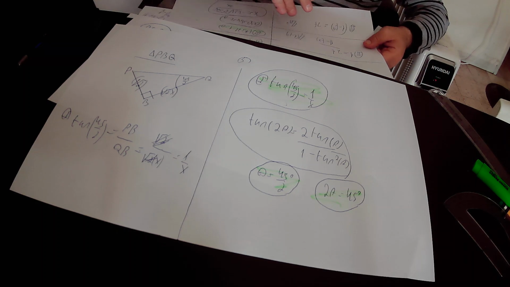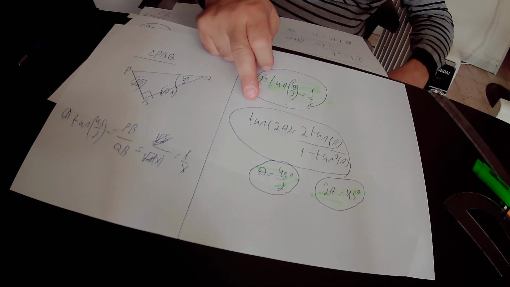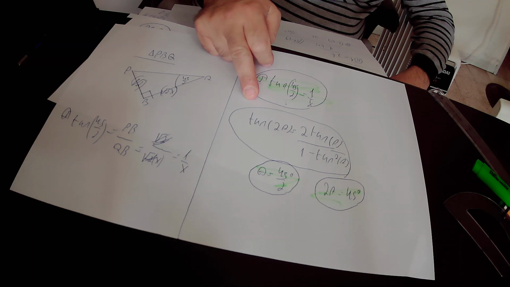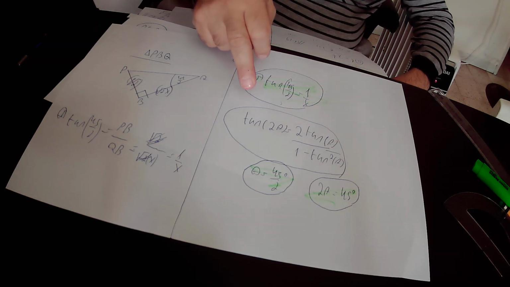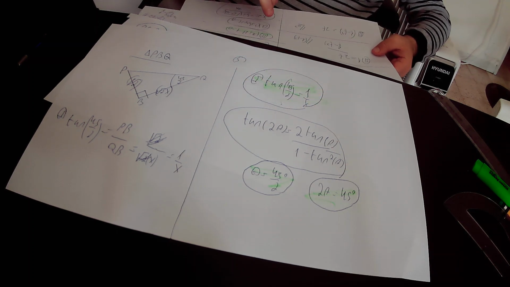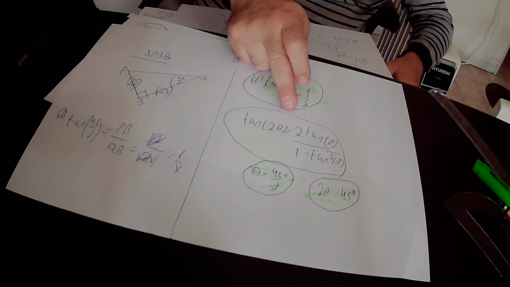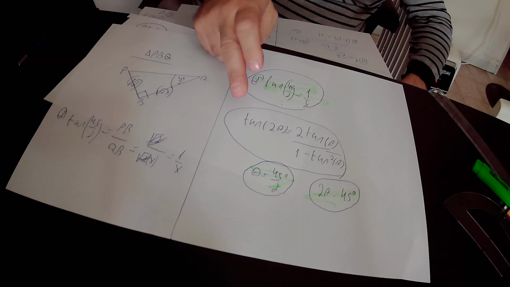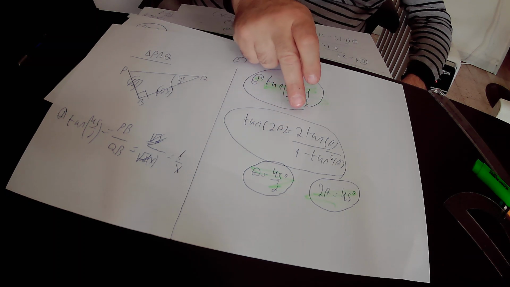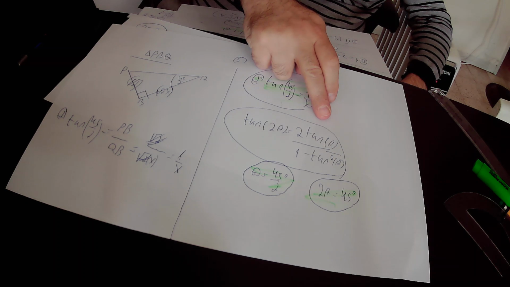Here we have tangent 2 theta, and 2 theta is 45 degrees, so it is tangent 45 degrees. That is equal to 2 times tangent theta, and theta is 45 over 2 degrees.